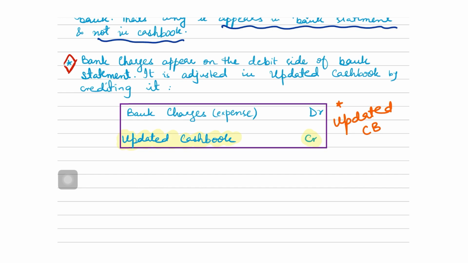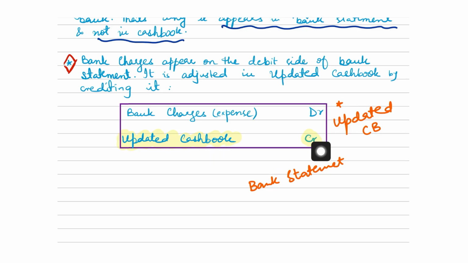This is how we will adjust the bank charges or bank interest in the updated cash book. Now, the second thing is, how do we locate such an entry in the bank statement? We have already discussed that whatever is debited in the bank statement is shown on the credit side of the cash book and vice versa. Bank charges is an expense account, right? It is a cash outflow.